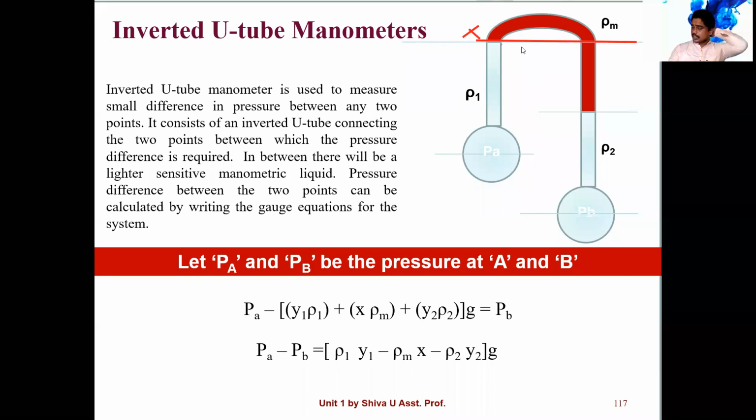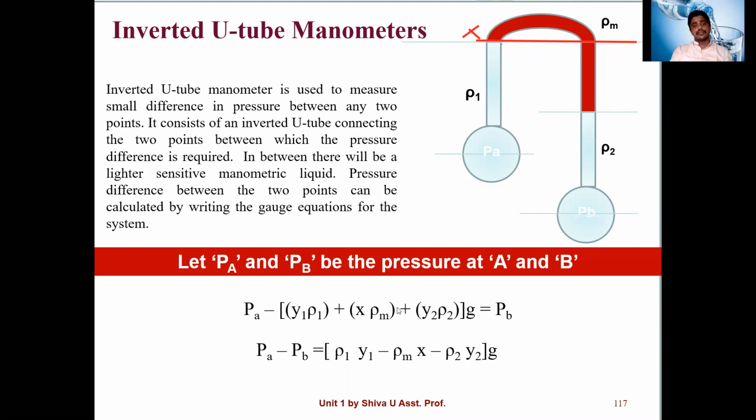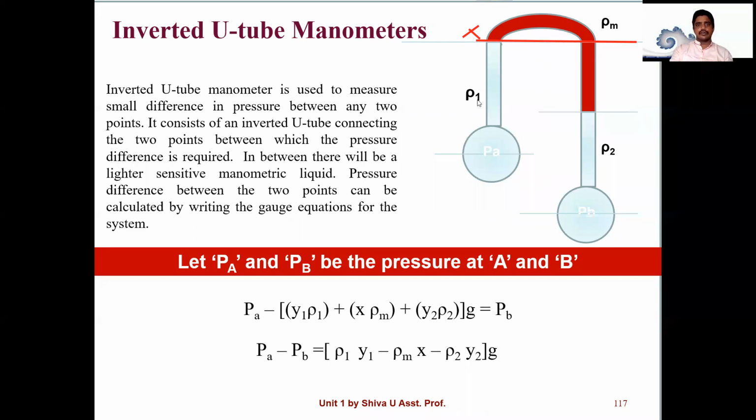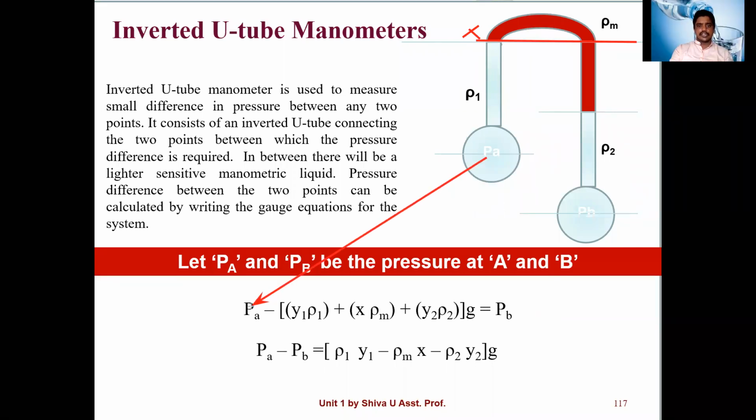This is where we consider the manometric fluid equilibrium. Now referring to this particular equilibrium point, the XX point, let us bring the fluid into equilibrium on both sides, that is PA is equal to PB. Obtaining that equation, we have the pressure on the left hand side, that is PA.